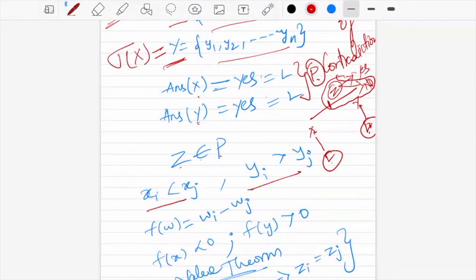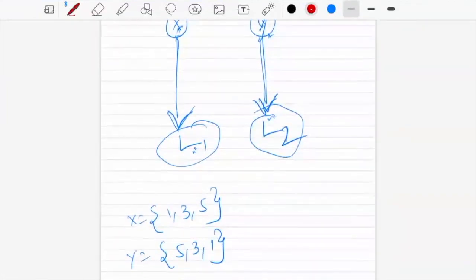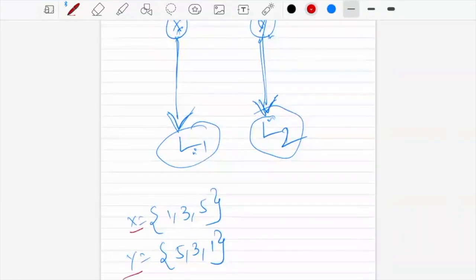I am taking this subclaim because, for example, if I have two instances x and y, with 1, 3, 5 as an array, y is a permutation of x, which means all the elements in the array are the same but in a different order.